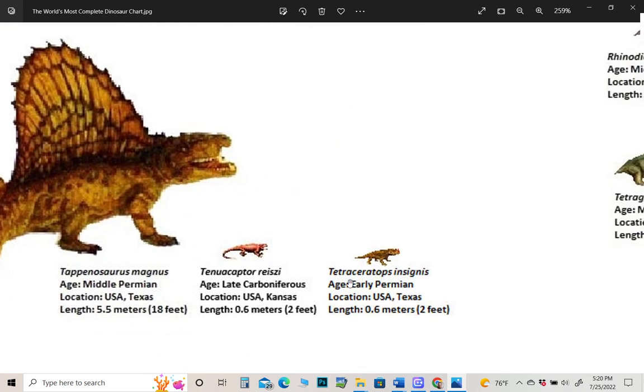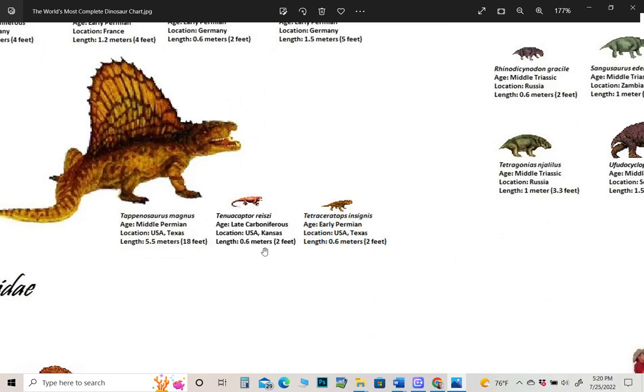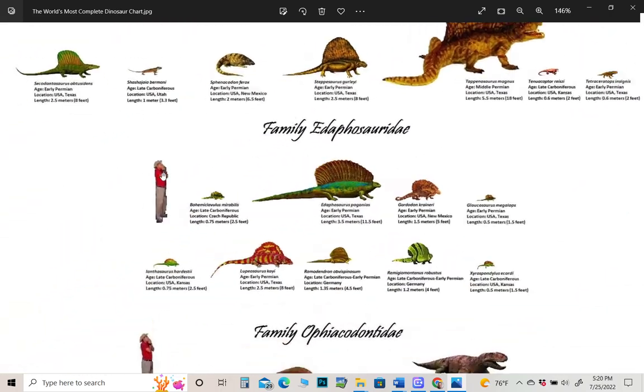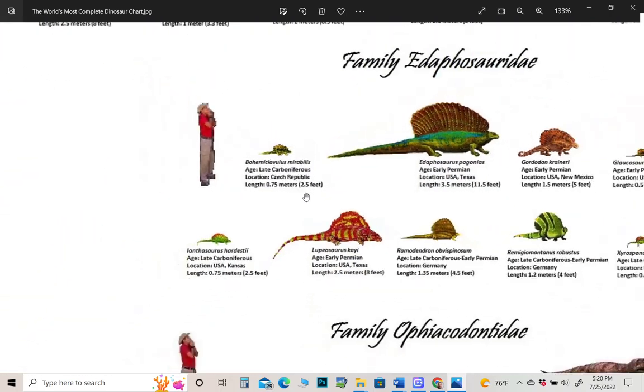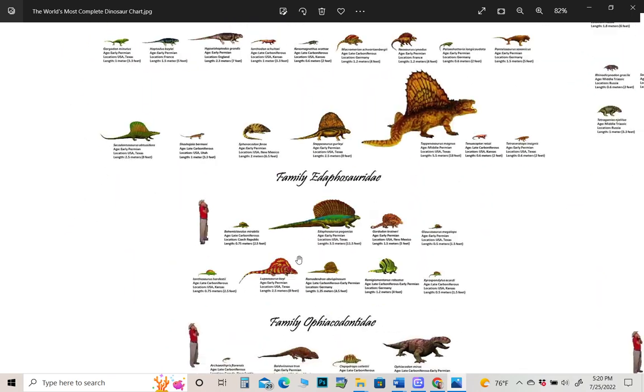Tenuacapitor, Tetraceratops, which was potentially a therapsid, but I think it got moved back to the Pelycosaurs, and you can see it's pretty small, but there were like 4 little stub horns on it, more like knobs. And Edaphosaurs, which are plant eaters, actually. So these were meat-eating, these ate plants.